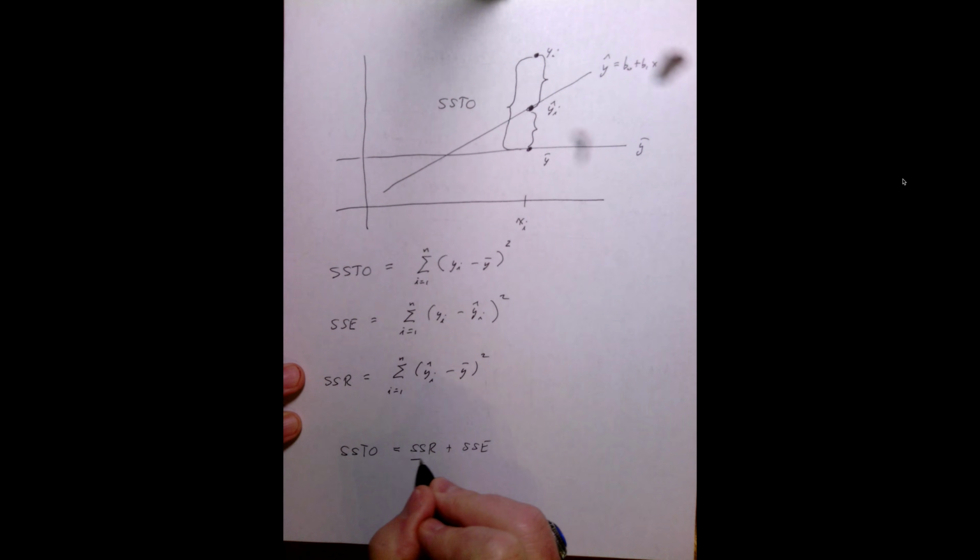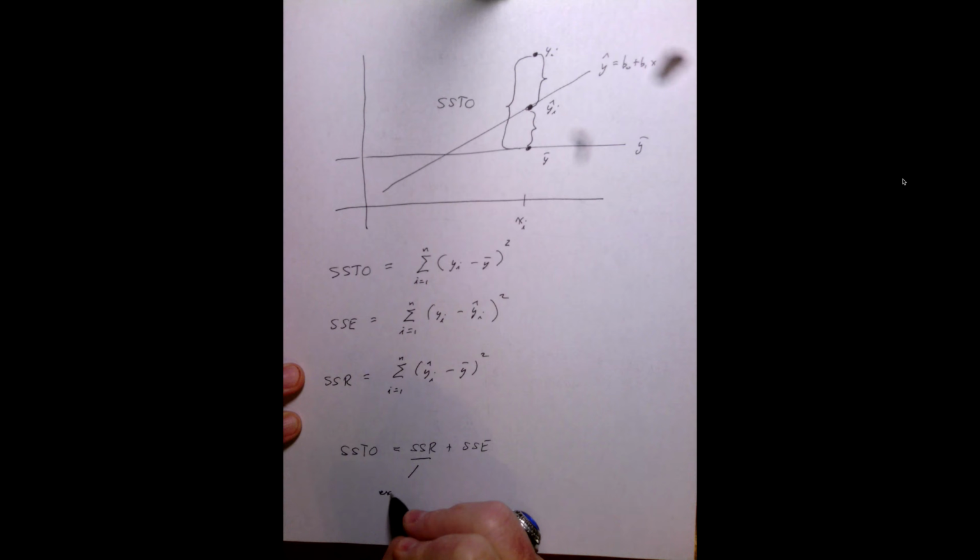Now, what this does for us is this gives us an indication of explained variation. This component right here gives us an idea of the unexplained variation. In a regression model, what we do is we seek to explain variation.